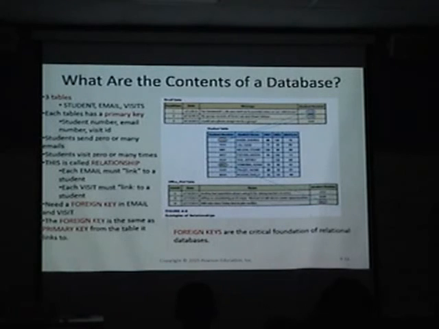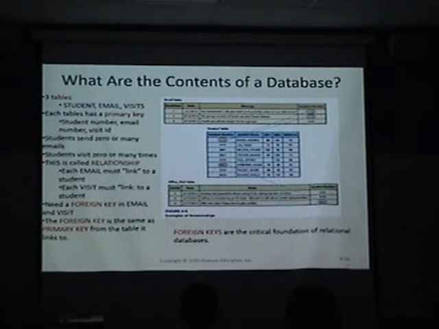Ditto for office visits. We have Adam Rivera, right? And he visited 1 time. How can we tell? Because his student number is in the foreign key. Student 1325, which is Andrea, she was a busy bee. She sent 2 emails and she also visited.